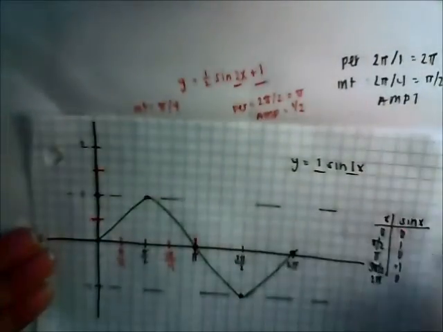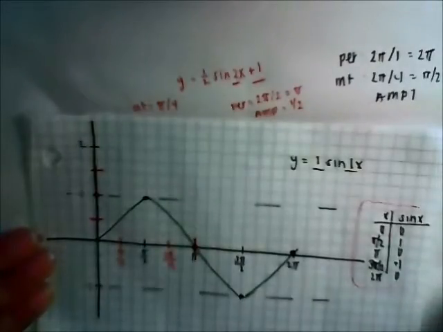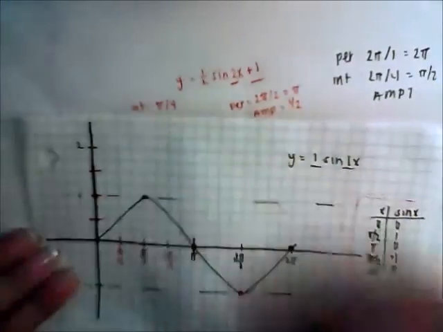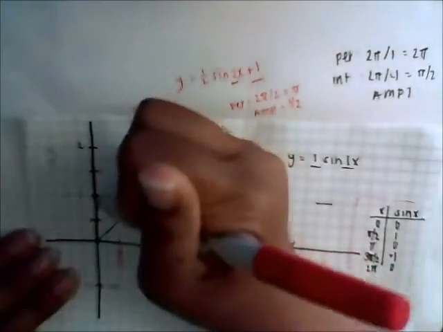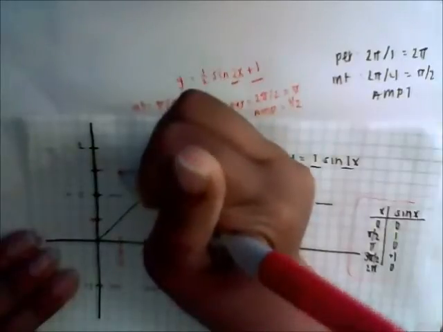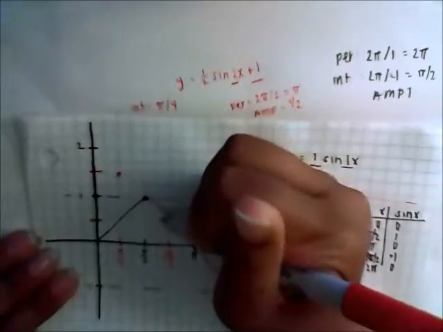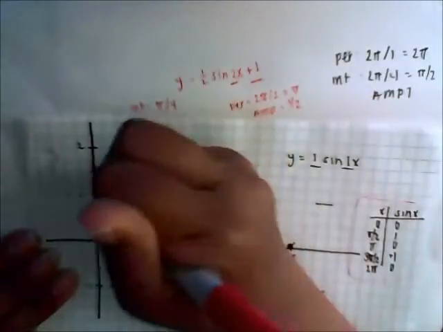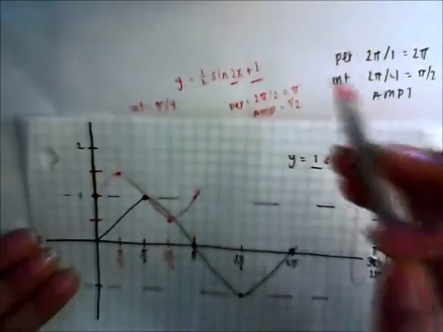So instead of using a table like this to find the coordinates of y, we can use the shortcut because we know that a sine has the same motion. So we know that it goes up to the top of the amplitude, then back down to the origin, to the center, then down to the bottom half of the amplitude, back up. And this makes y equals half sine 2x plus 1.